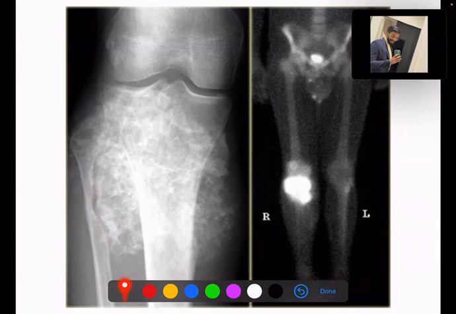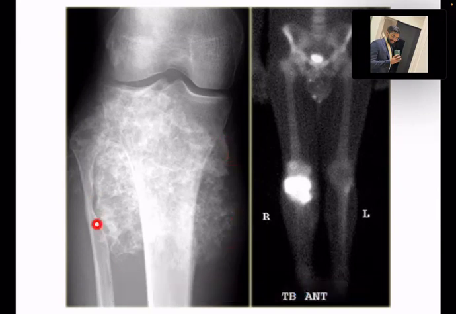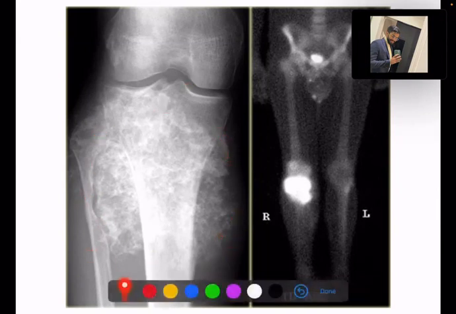This gives rise to a possibly slow growing tumor, and there doesn't appear to be any cortical disruption, and there appears to be a soft tissue component for it.